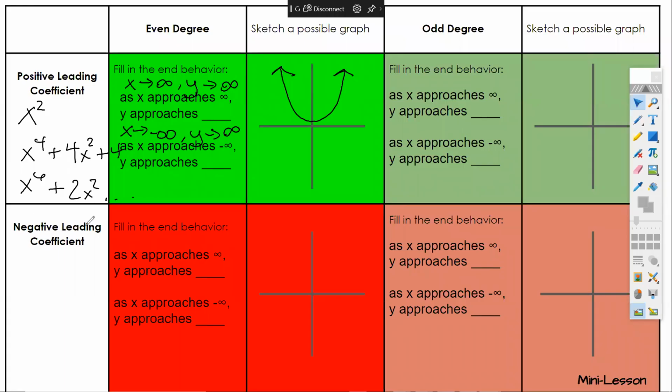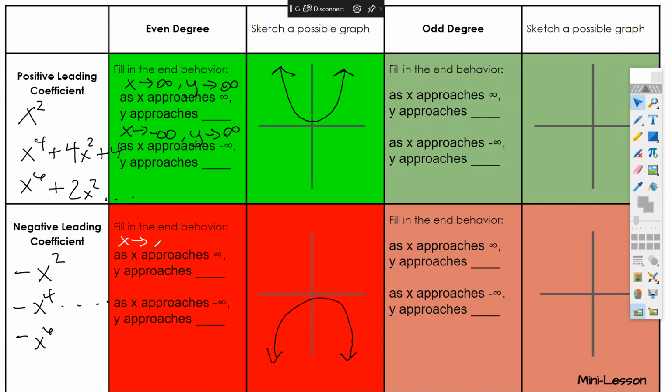Now if we have a negative leading coefficient, that's going to be something like negative x squared, negative x to the fourth, negative x to the sixth. So this is going to look like a downward frowny face. That's kind of hard to see on that board, so I'll do it in white, and that'll show up better.